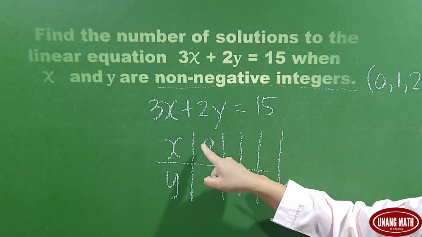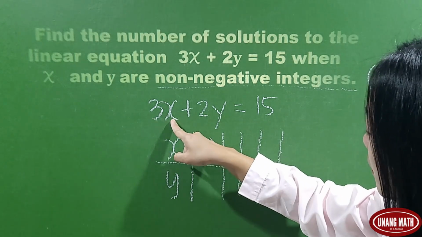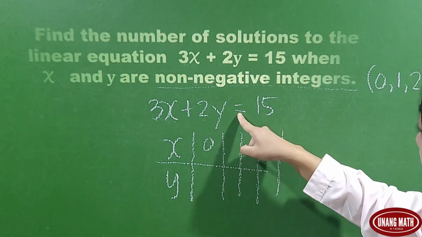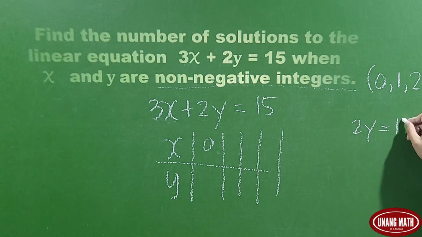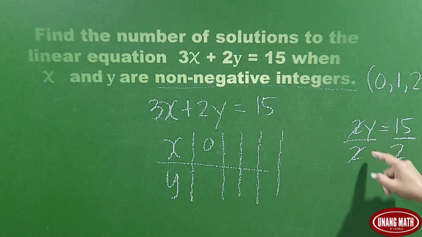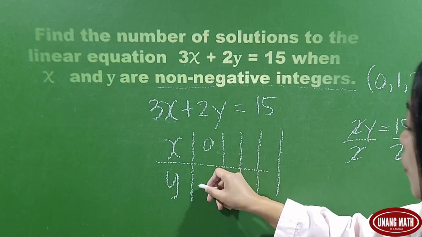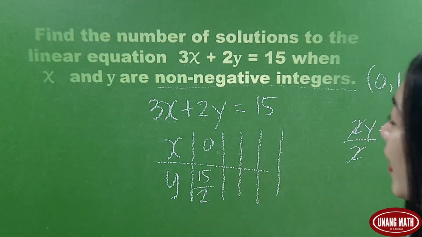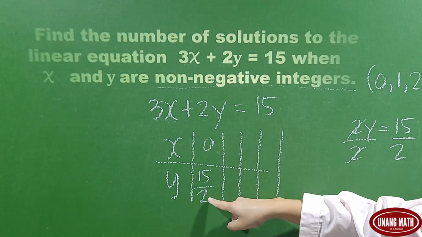If x is 0, then 3 times 0 is 0, so 2y is equal to 15. To find y, we divide both sides by 2, so y is 15 over 2. 15 over 2 is not an integer, so this is not the solution we're looking for.